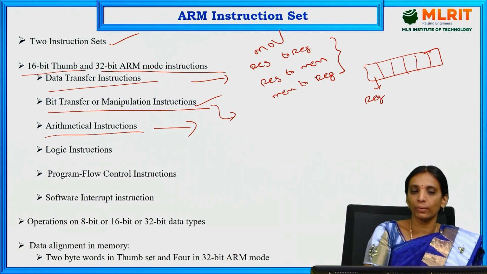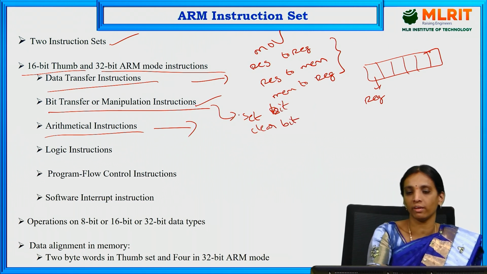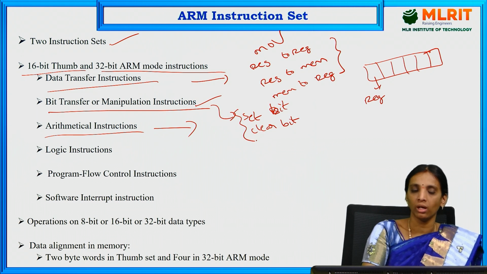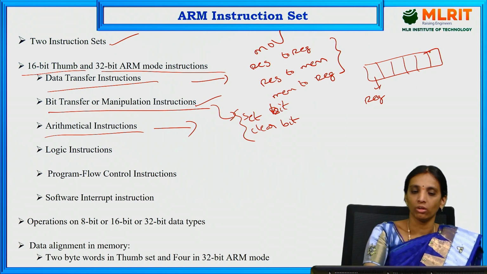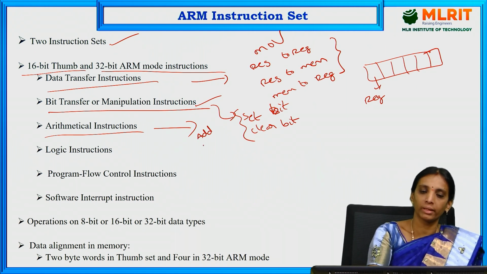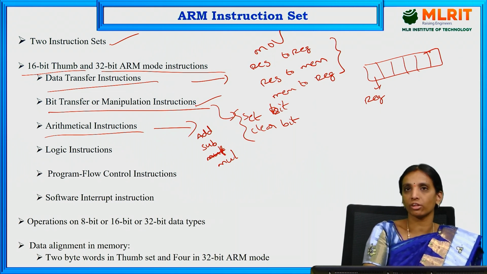For bit transfer or manipulation instructions, set the bit or clear the bit are examples. Then arithmetical instructions, which are used for performing arithmetical operations, that means addition, subtraction, multiplication operations.